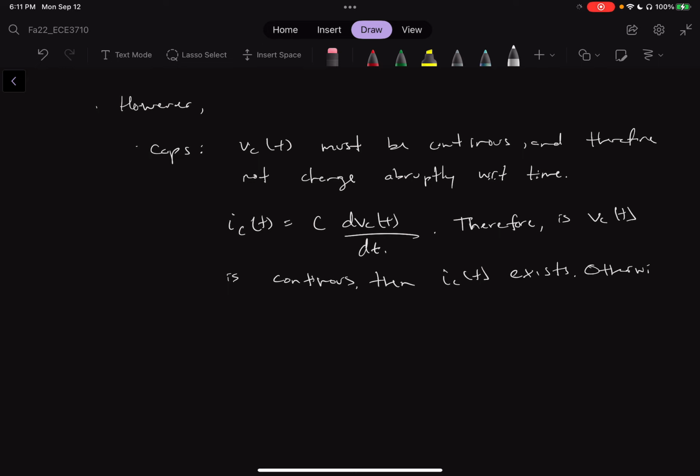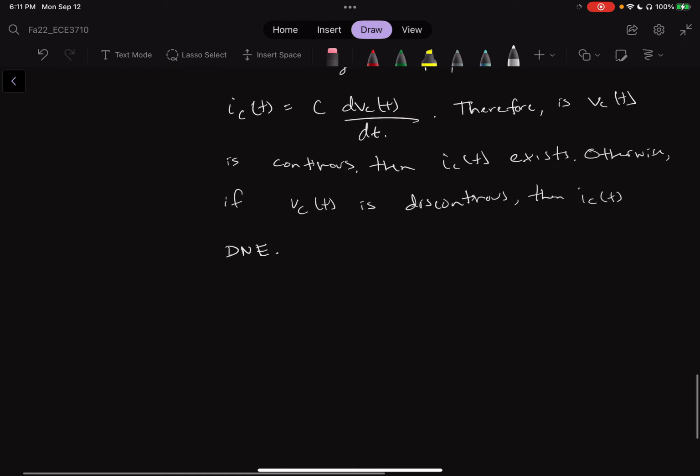Otherwise, if VC of t is a discontinuous function, then IC of t does not exist.